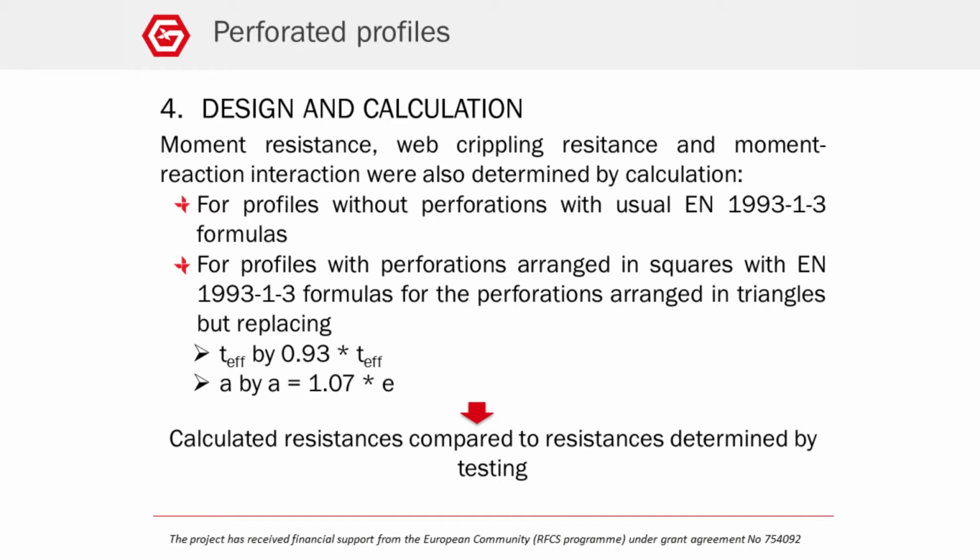For profiles with perforations arranged in squares, resistances were calculated with Eurocode 313 formulas for perforations arranged in triangles, but by replacing TF by 0.93 multiplied by TF and A by 1.07 multiplied by E.